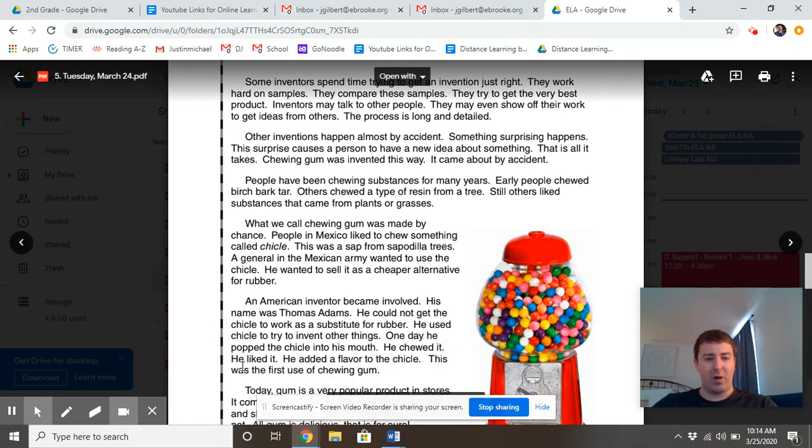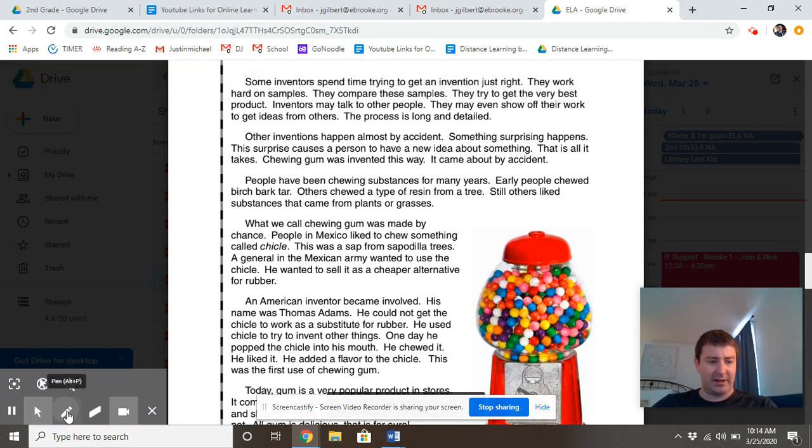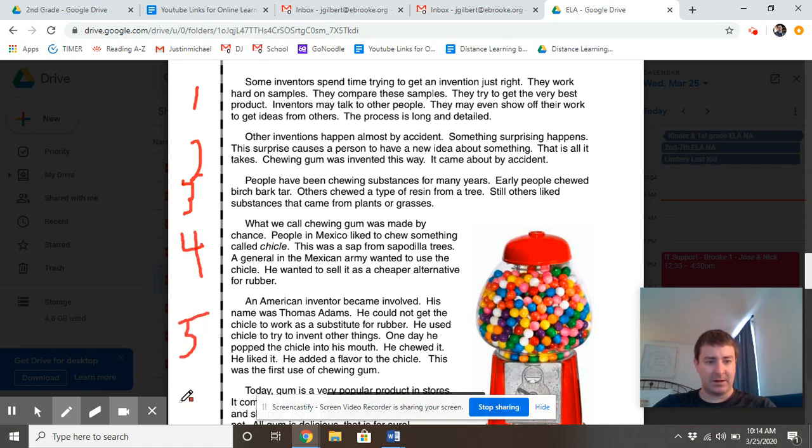So let's go back real quick and let me highlight these in the passage so you can see what I'm talking about as we talk. And you know what? Let's actually go back and let me label the paragraphs here. 1, 2, 3, 4, 5, 6. Okay, and let's take a look at our evidence. So we first talked about how gum was an accident.